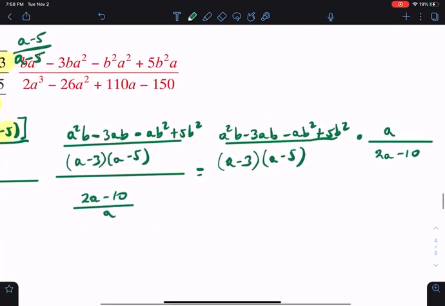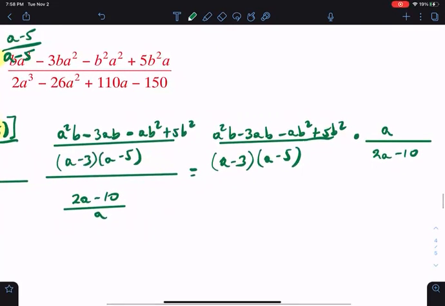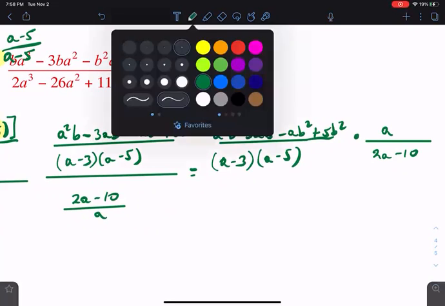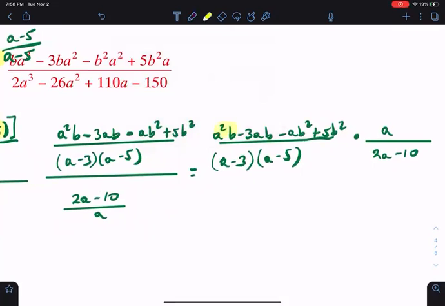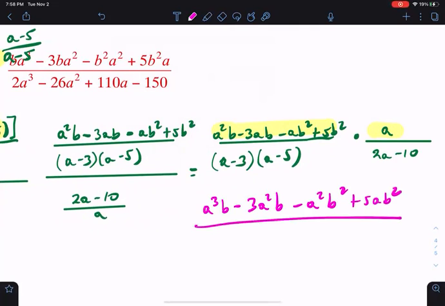Seems like nothing simplifies here, right? I mean, there's nothing you can do other than expanding, right? So expanding these things together. So this is a cubed b minus 3a squared b minus a squared b squared plus 5ab squared. And then the denominator, again, this is expanding.